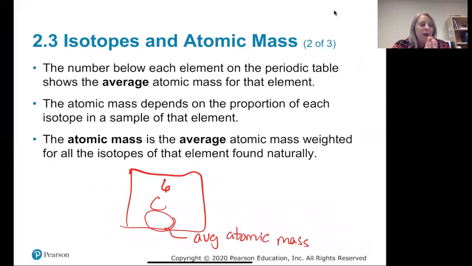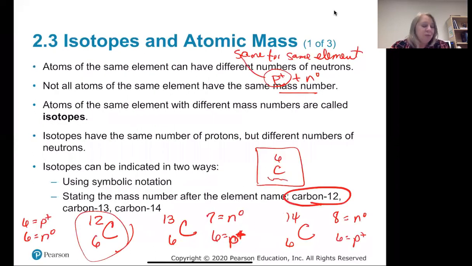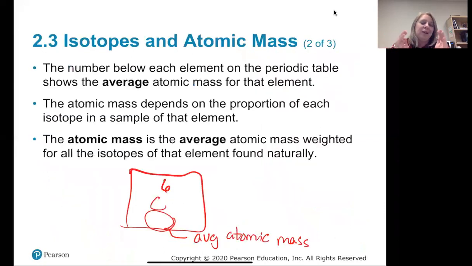So if you have carbon, for example, that has 3 isotopes, carbon 12, carbon 13, carbon 14, the mass of carbon is going to be an average of all of those isotopes, but it's a little more precise than that. It's a weighted average. And so the more you have of each one, let's say carbon 12, you have more carbon 12 than any of the others. So your average is going to be closer to the mass of carbon 12 than it is going to be the mass of carbon 13 or carbon 14.